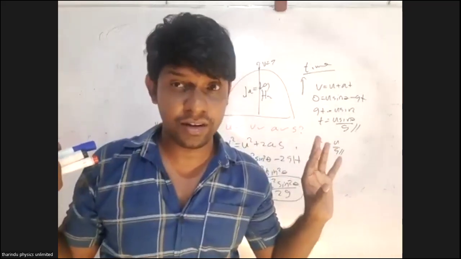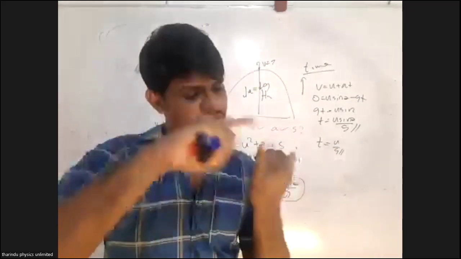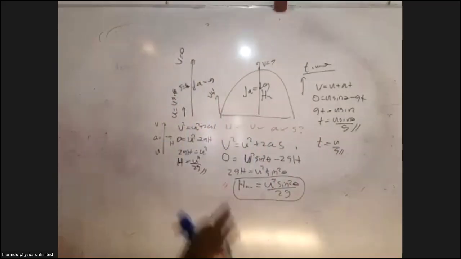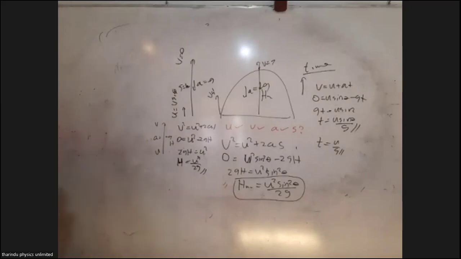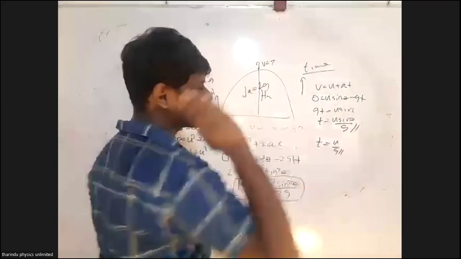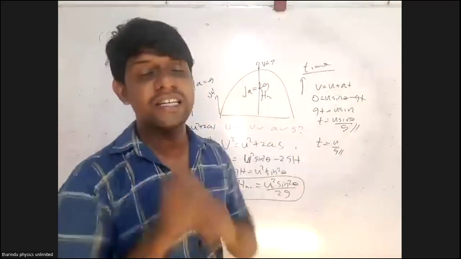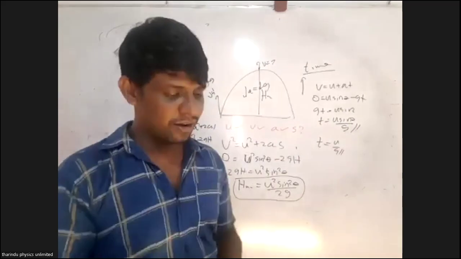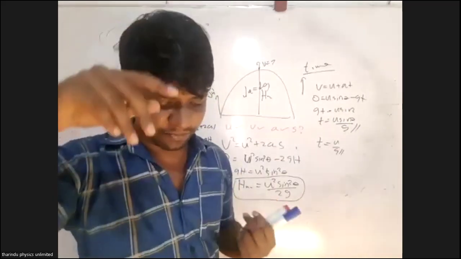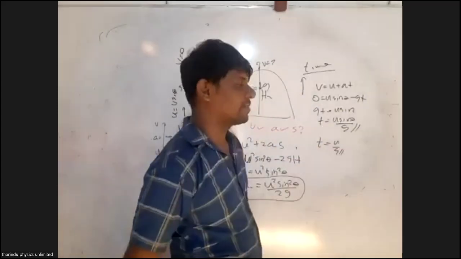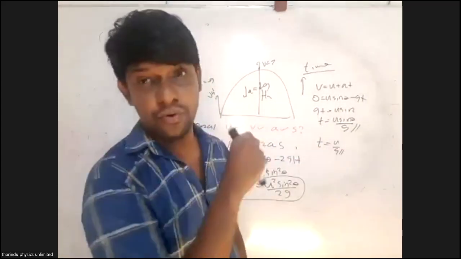So pay more attention to free fall and vertical projectiles, because all the time you have to find the time. Time depends totally on the vertical motion only. In the horizontal motion, it has nothing to do with time. Time is completely dependent on the vertical height. That's the determiner. So the horizontal displacement depends on the time you have.